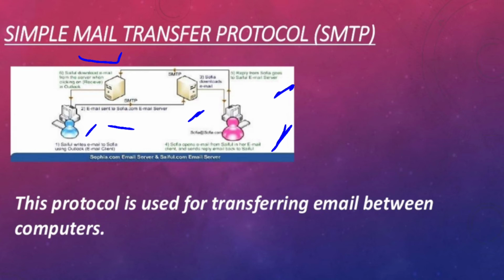Then if you see further ahead, when Sahul replies back, again he is using SMTP. So while she sent the mail, she also required the SMTP protocol, and when this person is replying back, he is also requiring the SMTP protocol. So both of them, when they send the mail, need the SMTP protocol. This is the role of SMTP. SMTP is used to send the mail.